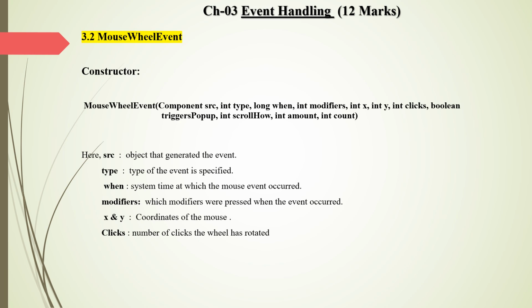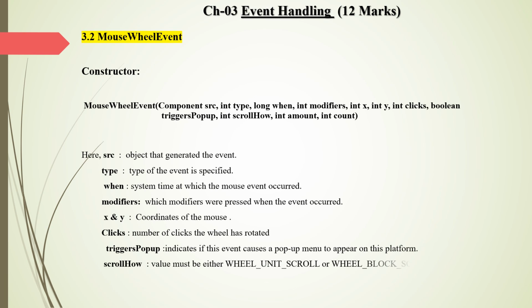Then click defines the number of clicks. Next parameter, triggersPopup, indicates if this event causes a pop-up menu to appear on this platform. Then scrollType must be either WHEEL_UNIT_SCROLL or WHEEL_BLOCK_SCROLL.